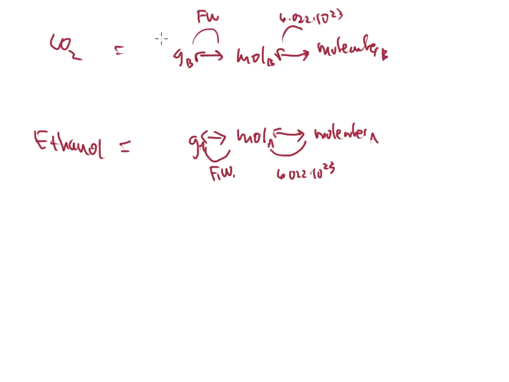I could go from grams of alcohol to molecules of alcohol if I go through the proper steps. I could go from moles of CO2 to molecules of CO2 if I go through the proper steps, but there was no way to connect the pieces, and stoichiometry does it. Stoichiometry is the connecting piece, and the only way that you can connect them is right here between the two moles of substance.